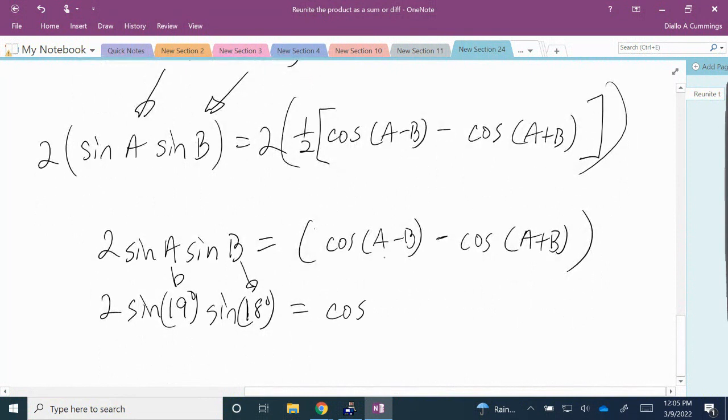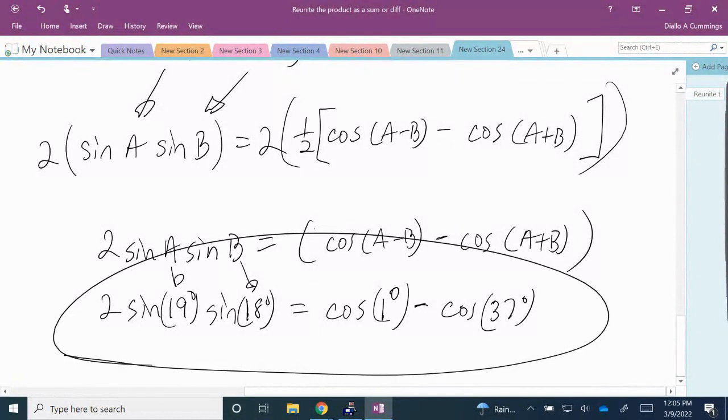Right, so that's the cosine of, well, 19 degrees minus 18 degrees is 1 degree, minus the cosine of A plus B, well, 19 plus 18 is 37 degrees. All right, and that should be our solution.